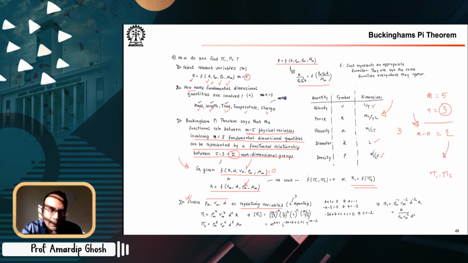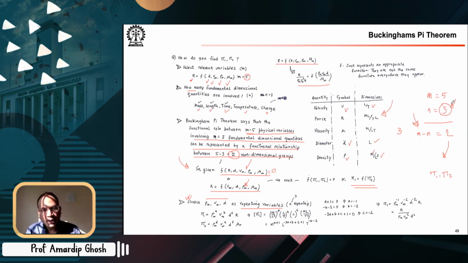In this case, for example, we are choosing rho, v, and d as repeating variables, and you can convince yourself. If you have rho, v, and d, then m, l is there, l is there, and l by t, so t is there. So you see m, l, t, all the fundamental dimensional quantities are there in this choice.